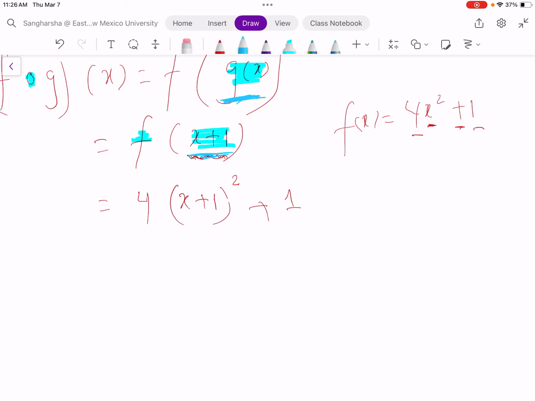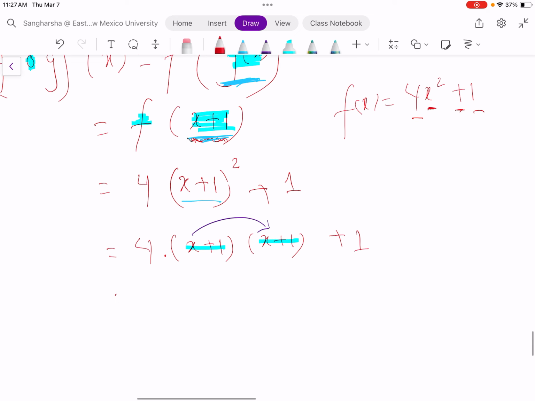Let's simplify. So we have a square here, we have 2 terms here, so this is same as 4 times x plus 1 times x plus 1. Okay, so square means we have x plus 1 two times, plus 1. Now let's use FOIL because we have a binomial here. So you multiply first terms x times x. We have a product here, so this is 4.